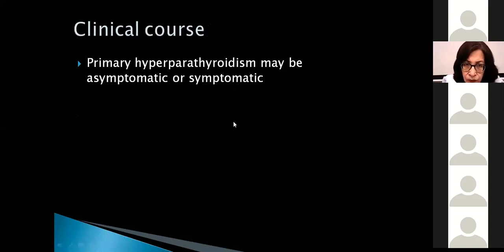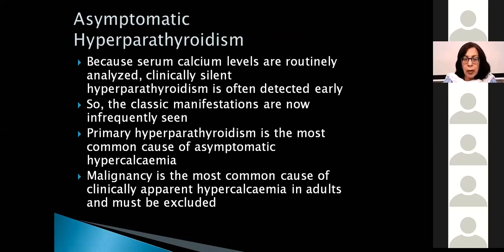Okay. Clinical course. Primary hyperparathyroidism may be asymptomatic or symptomatic. Because calcium levels are routinely analyzed, clinically silent hyperparathyroidism is often detected early. There are no symptoms, but the calcium is detected on routine blood tests.